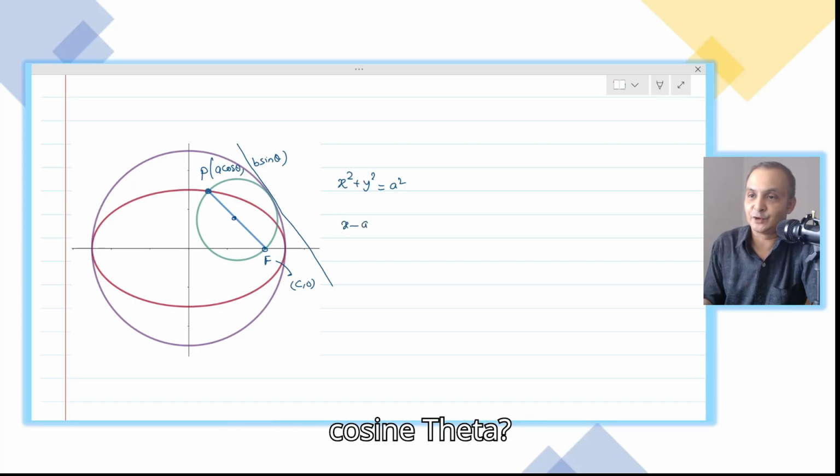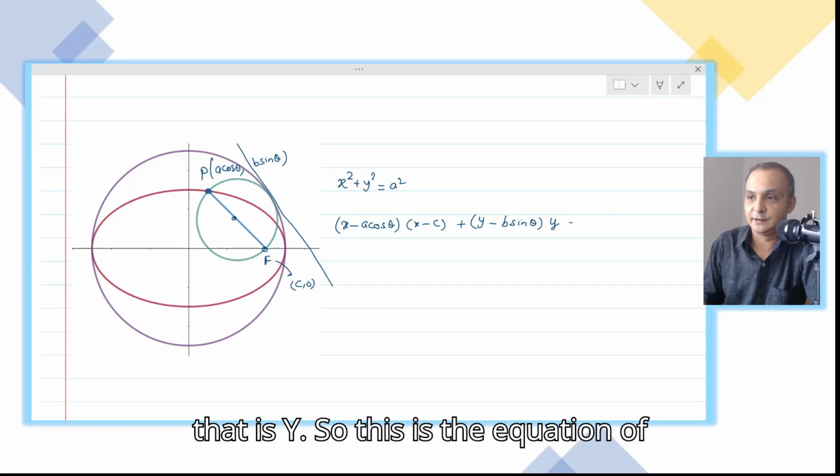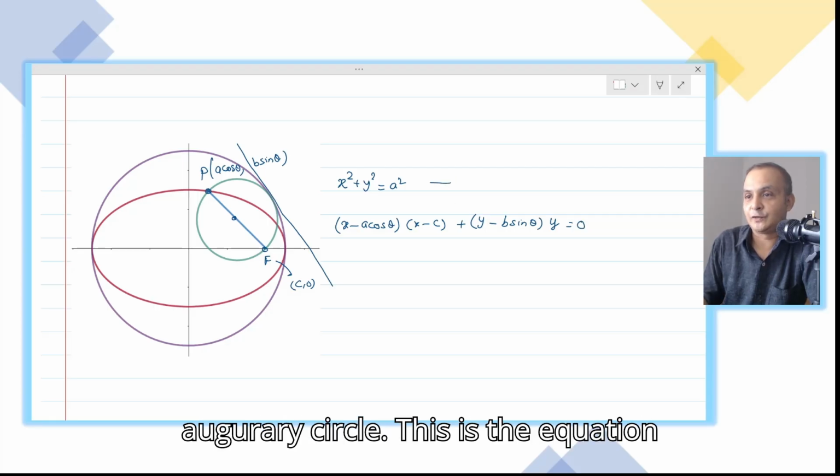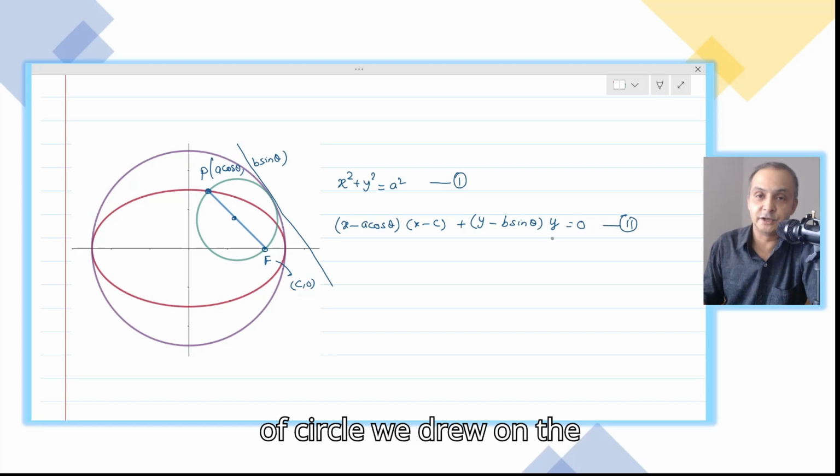X minus a cosine theta, x minus c, plus y minus b sine theta, and y minus 0, that is y. So this is the equation of the auxiliary circle. This is the equation of the circle we drew on the focal distance.